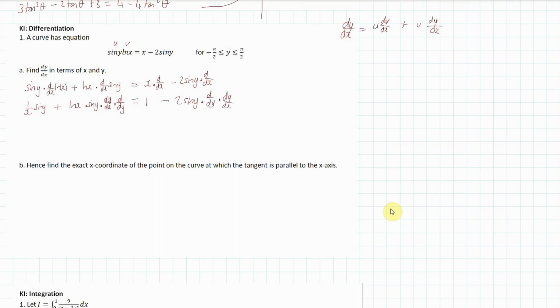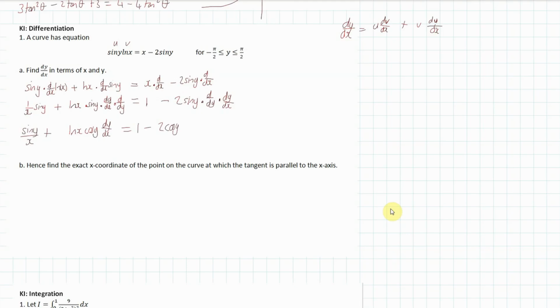Now next line we could rewrite this as sine y over x plus, now if we differentiate sine y, we should get cosine y. So we're going to get ln x cosine y dy dx equals 1 minus 2, and then that will be cosine y, I think.